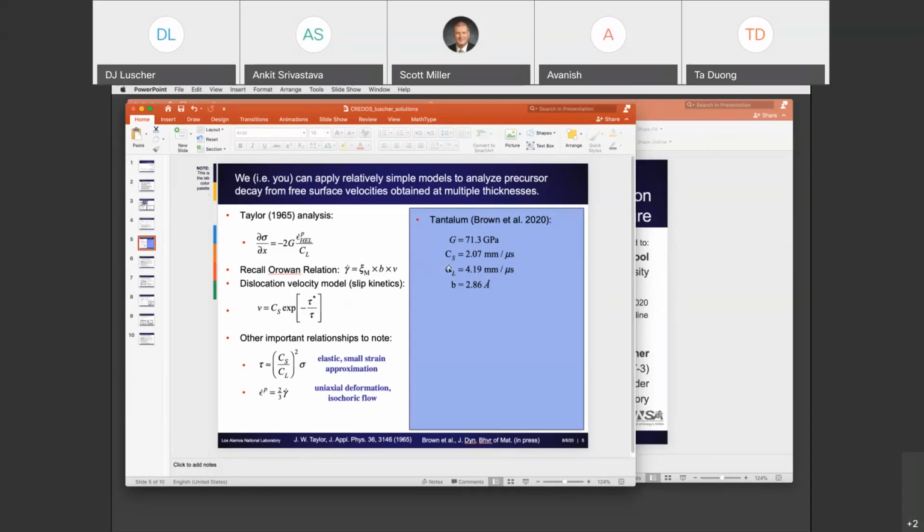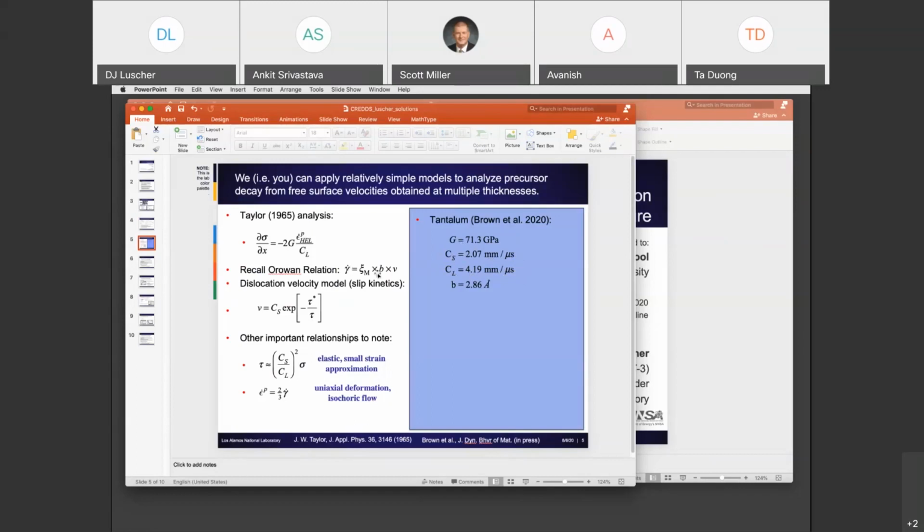But this C subscript L is the rate of propagation of an acoustic perturbation for a longitudinal wave. Likewise, C sub S is the same thing, but for a shear wave. So for a pure shear wave as opposed to a longitudinal wave, which includes bulk deformation or a volumetric deformation and a deviatoric deformation.